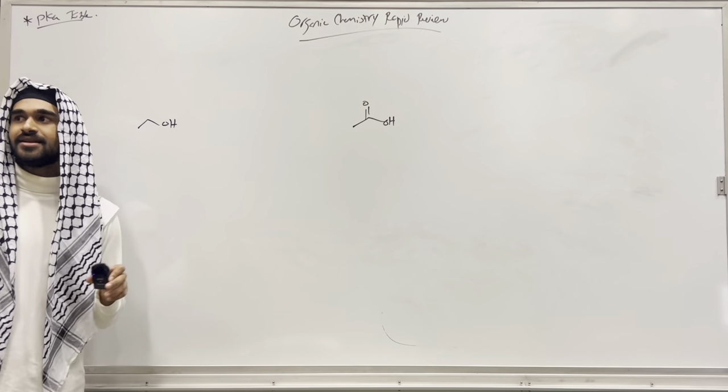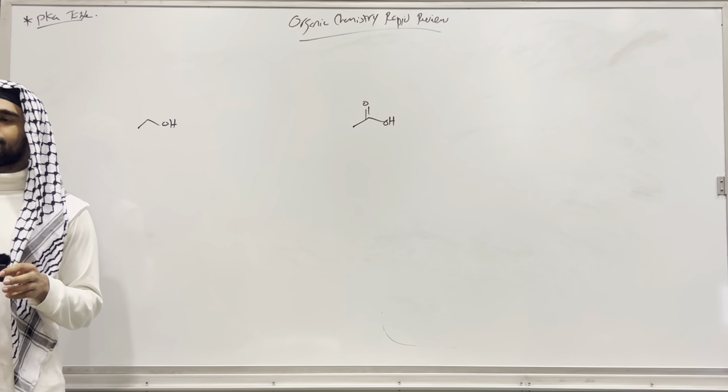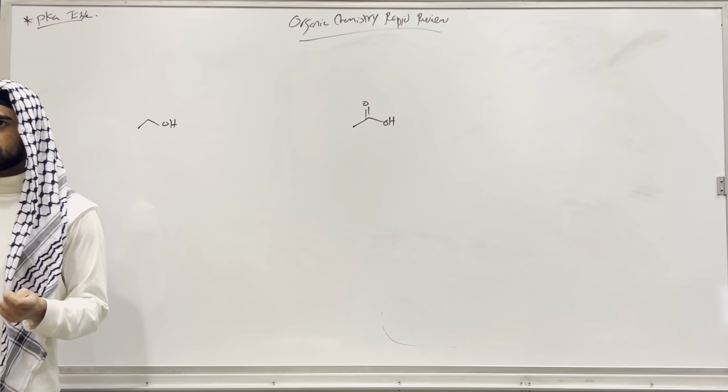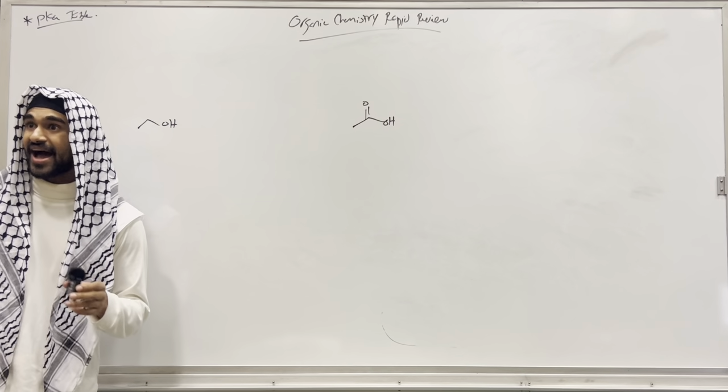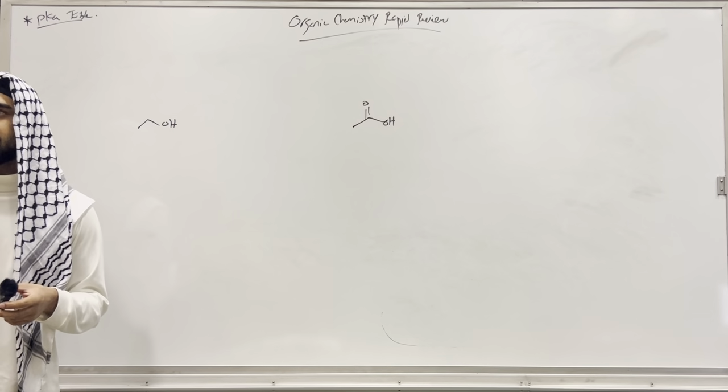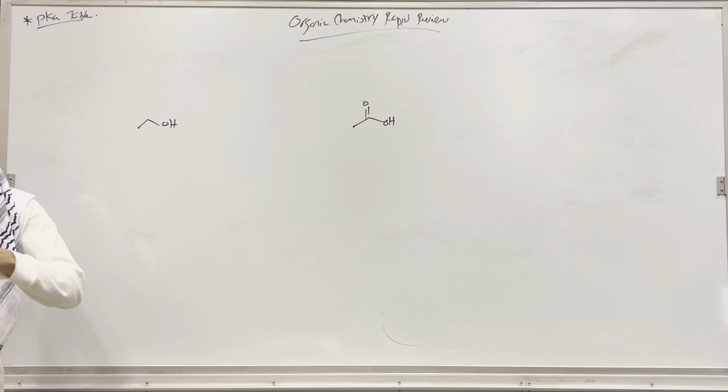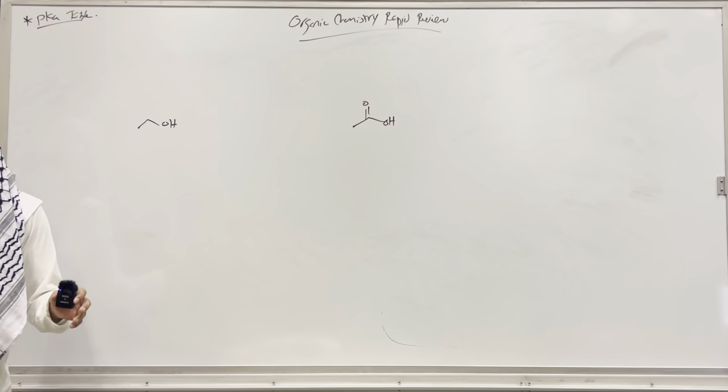So when ancient societies were making mead, what is mead? Mead is a very ancient form of wine made with honey, or with grapes. So grapes is wine and then honey is mead, right?